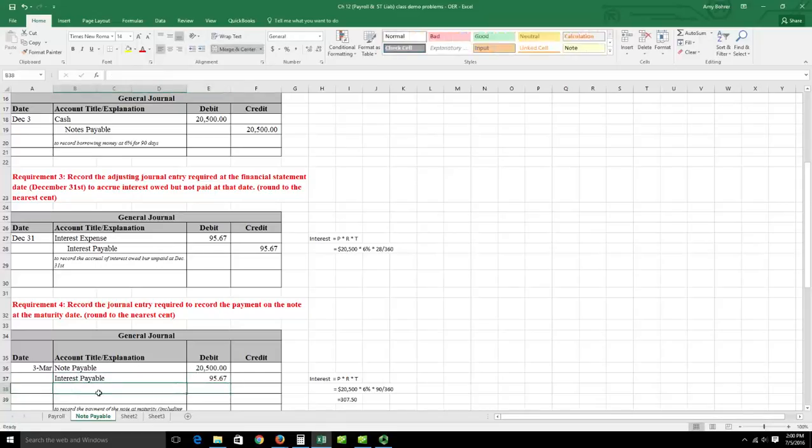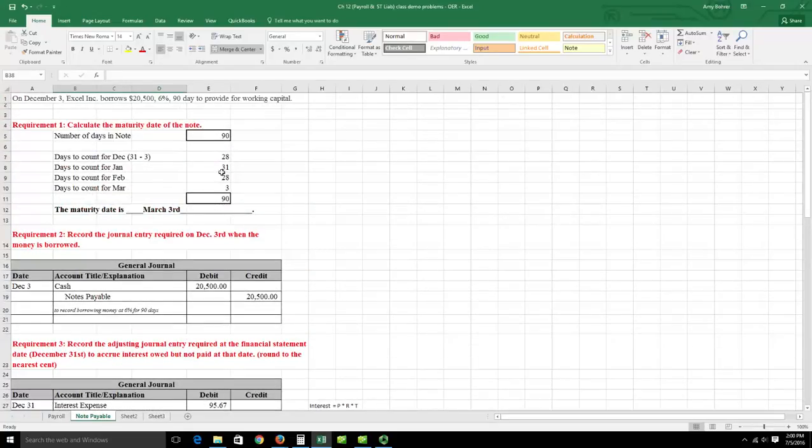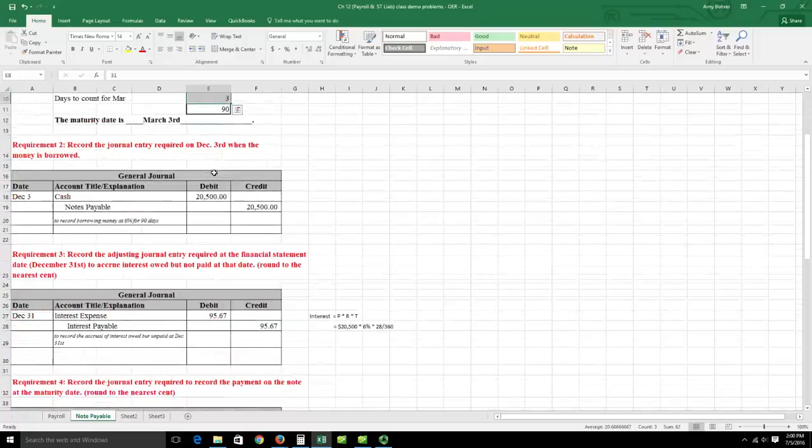Then I have to record the interest expense that I have incurred for the remainder of the note. Remember, I recorded the interest expense for December on December 31st, but I have these remaining 62 days from January 1 to March 3rd that I haven't recorded the interest expense for. So we have to do one more calculation here and calculate the interest for those 62 days.